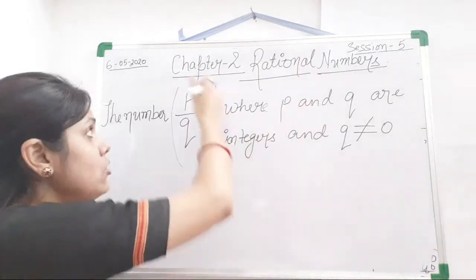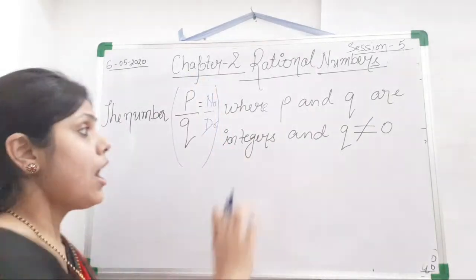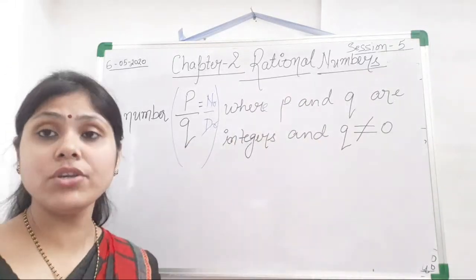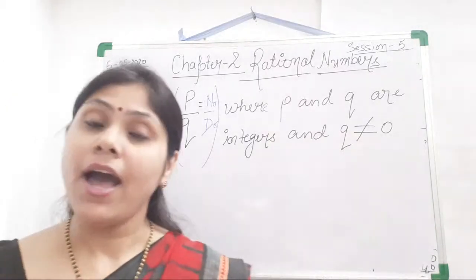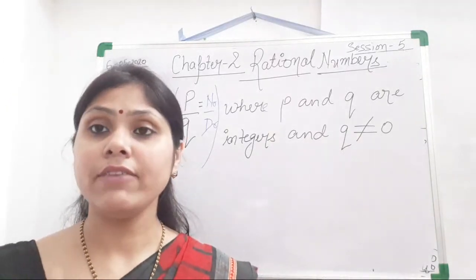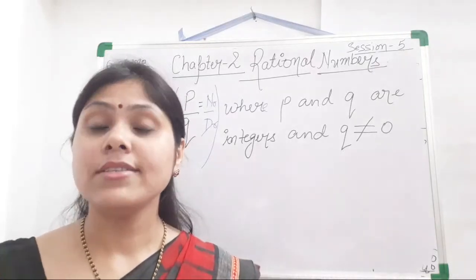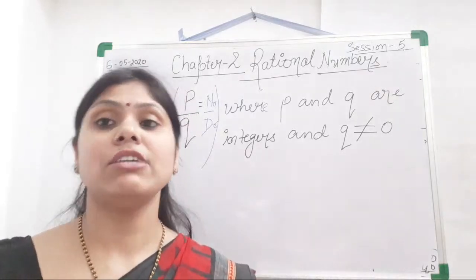The denominator, that is Q, should not be equal to 0. Why are we saying this? Because we have studied in division of integers that if the denominator becomes 0, your answer comes meaningless, that is undefined.